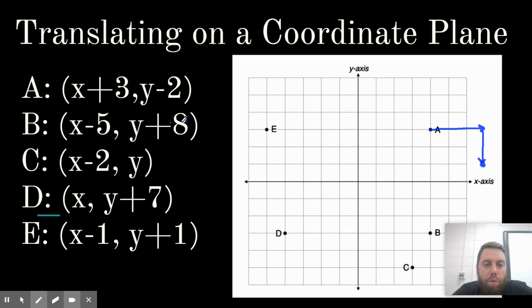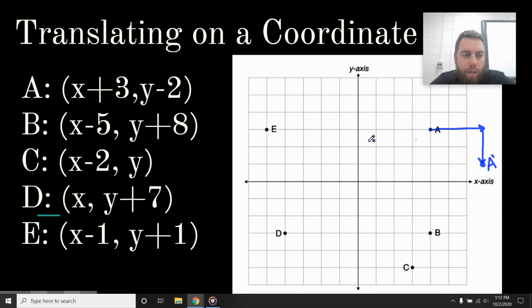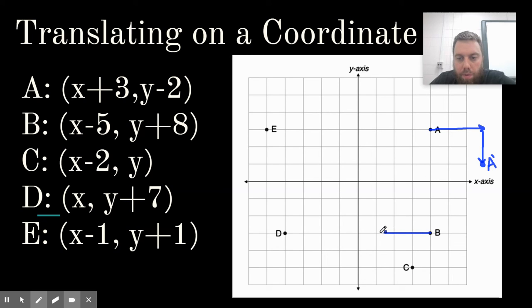Now x minus 5, y plus 8 for our B. B says x minus 5. That means 1, 2, 3, 4, 5 to the left, and then y plus 8, which means 8 up, 3, 6, and 8. And this point right here would be our B prime.